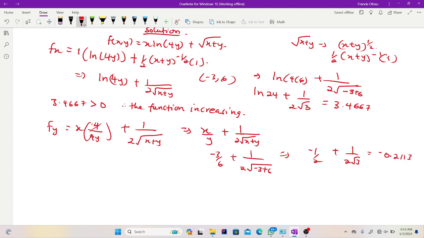Once this gives us this expression, it's negative. So you write that fy of (-3, 6) is less than 0. Therefore, the function is decreasing when we hold x and we differentiate y.